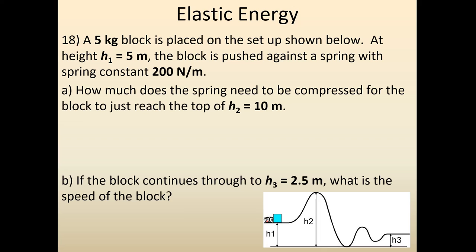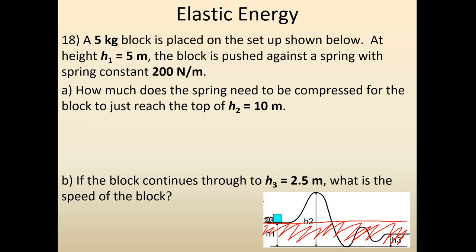Now remember, one of the key things that I can do with potential is I can set ground level. I can set zero, my reference point, wherever I want. So even though there are other locations that are lower than H1, I don't care about them right now. So I'm going to pretend that this is the ground and that all this is actually junk.